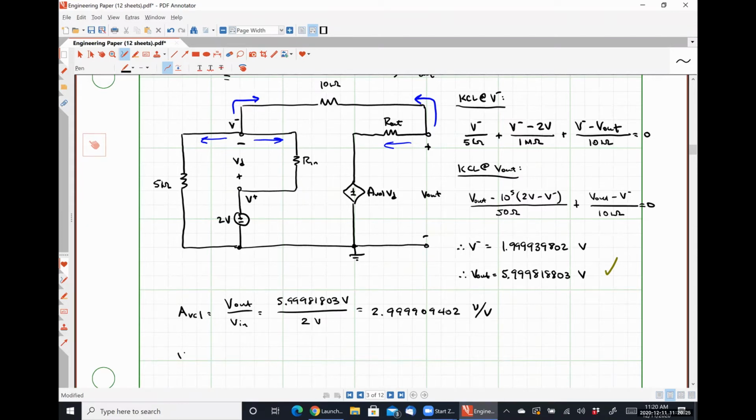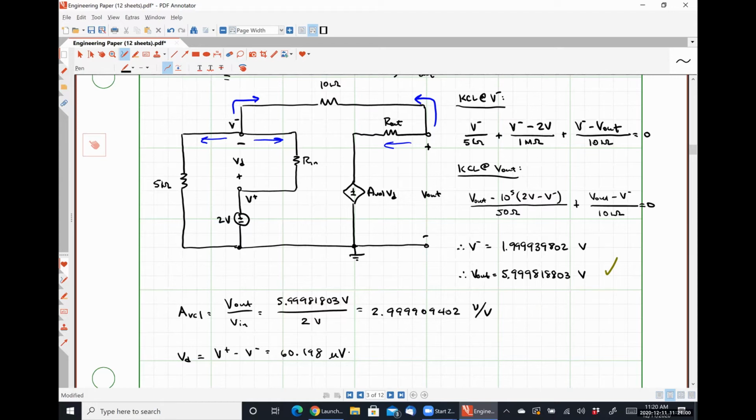And our differential voltage VD, which is V plus minus V minus, is simply 2 minus that 1.999, etc. So 2 minus this number is 60.198 microvolts.